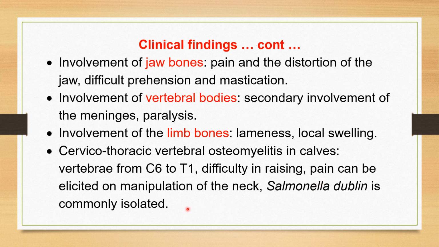Pain can be elicited on manipulation of the neck. Just by holding the neck, the animal feels pain. In this condition, the organism isolated is Salmonella dublin. It is very commonly isolated from such lesions.